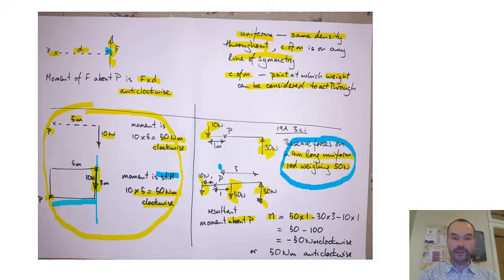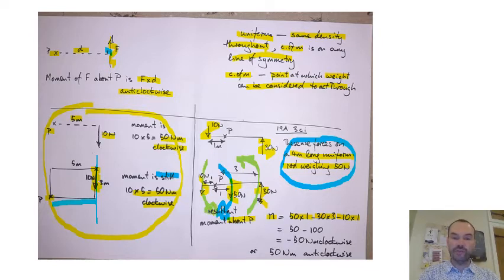That's the clockwise force. Take 30 times 3 and take 10 times 1, because those two forces are anti-clockwise forces. That one's going that way, that one's going that way.